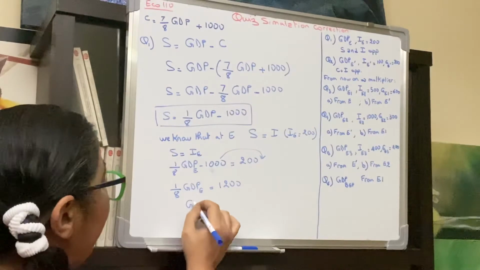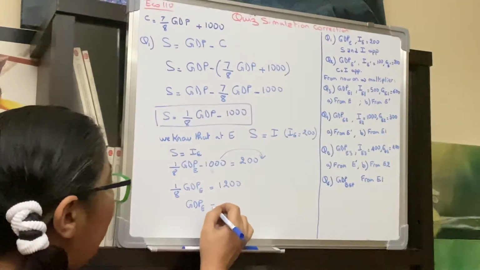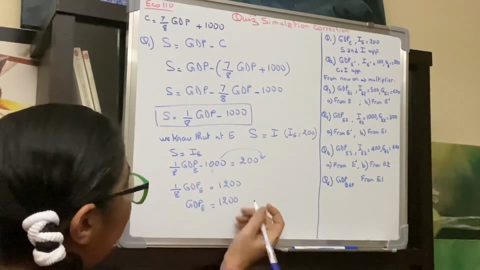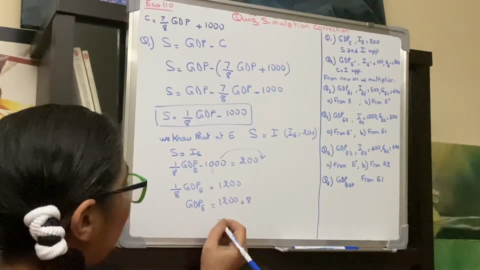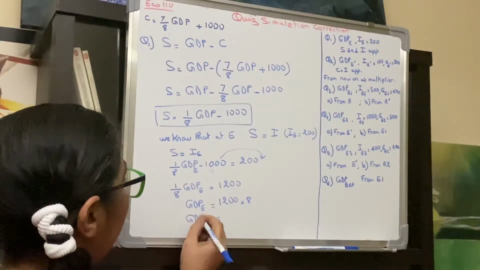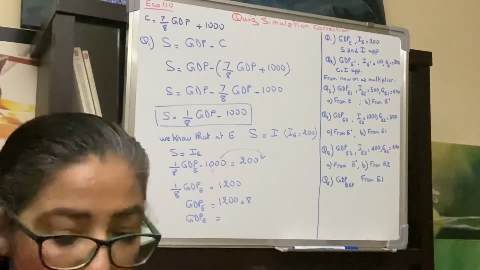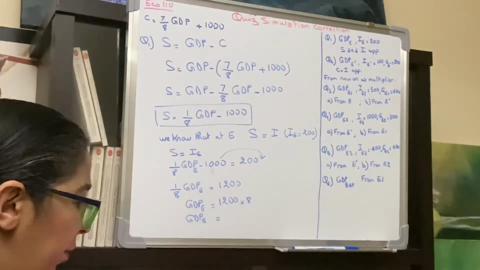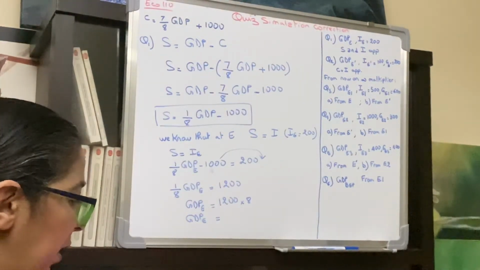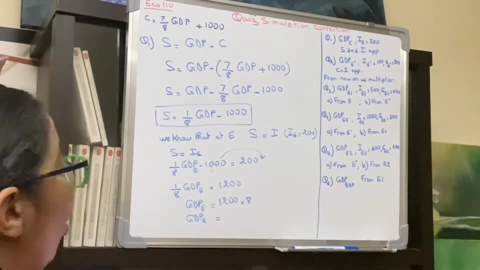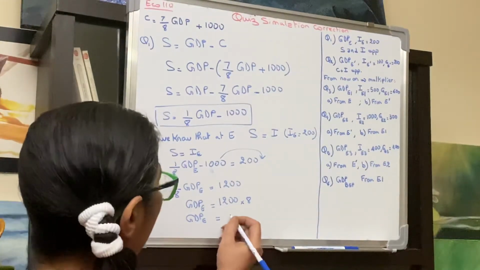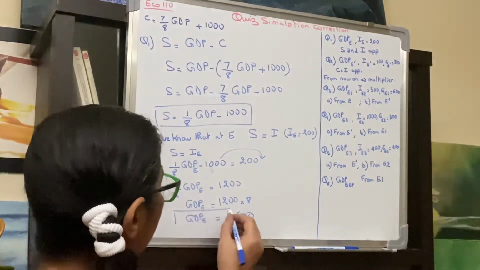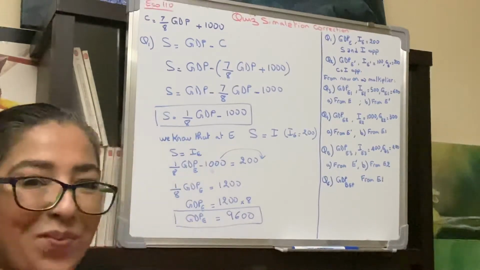So GDP at equilibrium is equal to 1,200 times 8, which is equal to GDP at E, I think 2,600 times 8. No, 9,600, yeah. 9,600. And that would be the right answer. Okay?